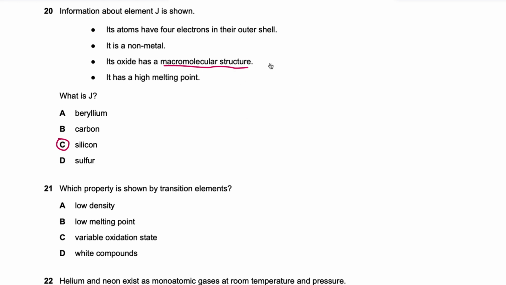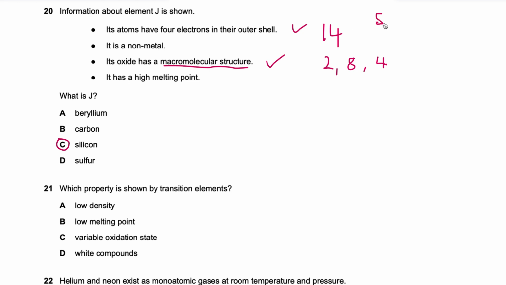Because it has a giant molecular structure and 4 electrons in the outer shell. You know, it has atomic number 14. So if you do the electronic configuration, it's 2,8,4. Which means it actually has 4 electrons in the outermost shell. It is a non-metal. Silicon is a non-metal.